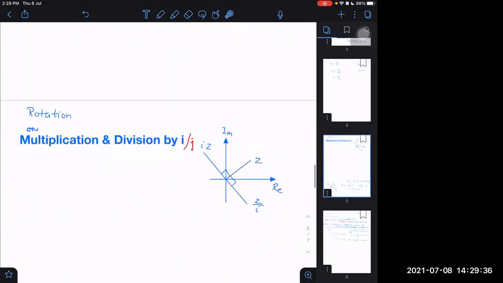So KCL, KVL are valid instantaneously, and these are valid on an average. Both ways these are valid. But when we take on an average or when we take with peak values, I will have to take vector sum or complex number sum.